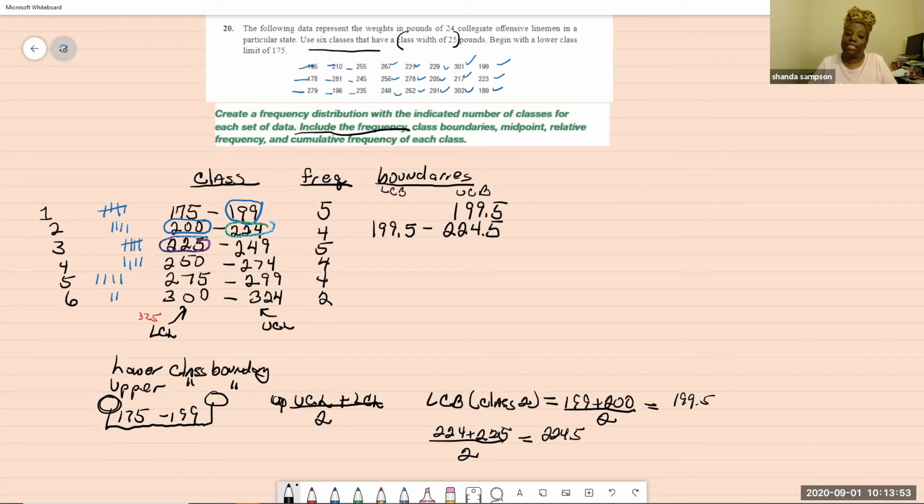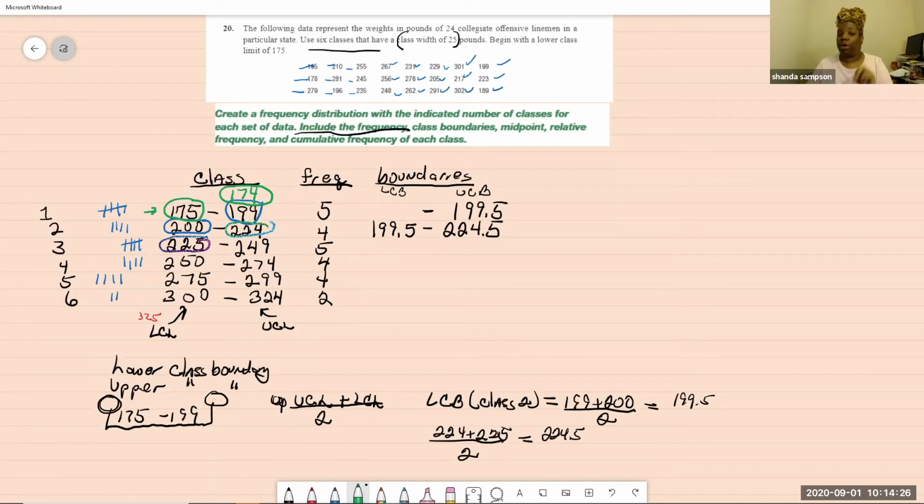The reason I saved this one is because now you need the lower class boundary. So what you would do, remember, you got to take the lower class boundary of this 175, and then you would have had to take an upper class boundary, not down here somewhere, but that would have been the upper class boundary that you don't even see up here that's about to pop up. Damn! That's what you have to remember when you're finding the lower class boundary and the upper class boundary for the first class and the last class.